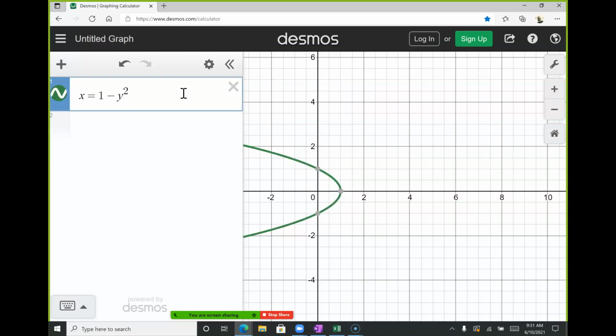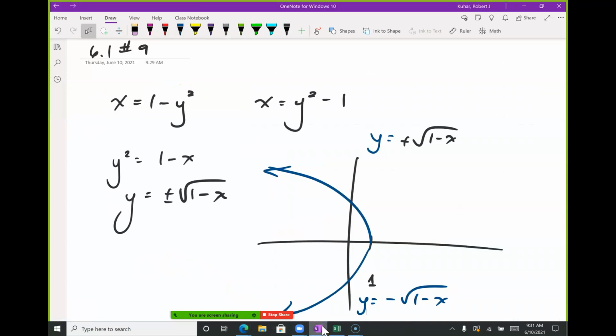Yeah. And the other curve is x equals y squared minus 1. And so I think you can already tell where that's going.